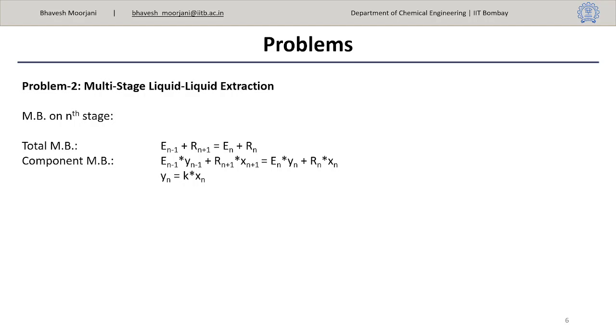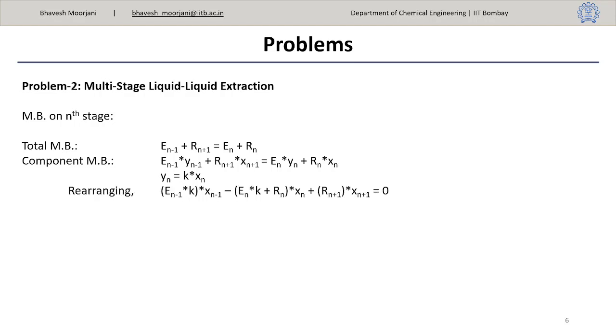Now you also have the relation between the extract and raffinate mole fraction of a solute, right? So Yn by Xn is given as K. Generally this K won't vary, so you can consider it as a constant for all these stages. You don't have to worry about it.